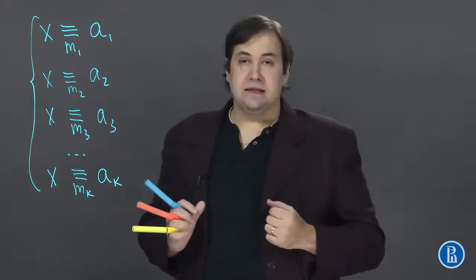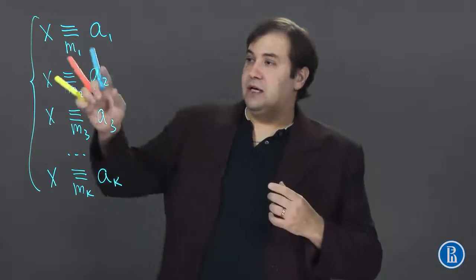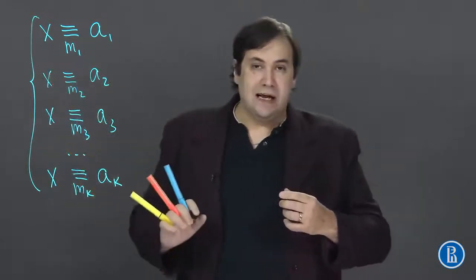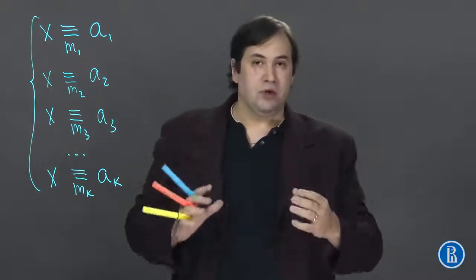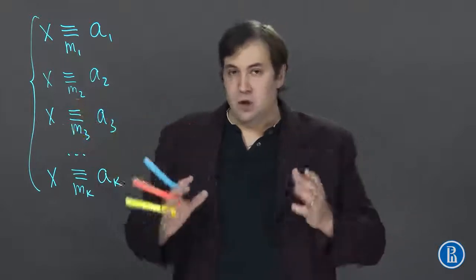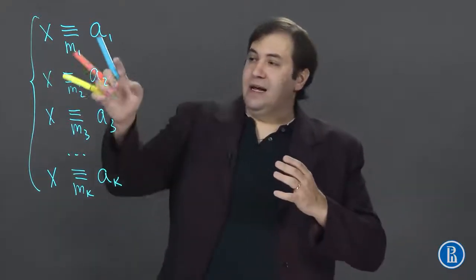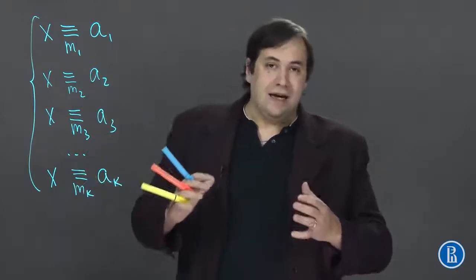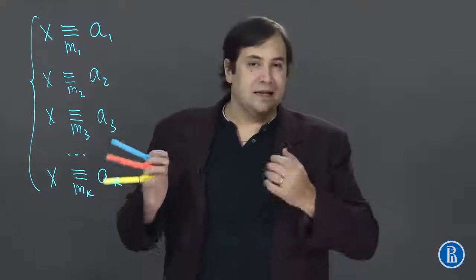Well, here we see a system of congruences, modulo m1, m2, and so on up to mk, and these moduli are pairwise mutually prime. So each two of them have no common divisor greater than 1. a1, a2, and so on up to ak are just arbitrary integer numbers, and x is the unknown.